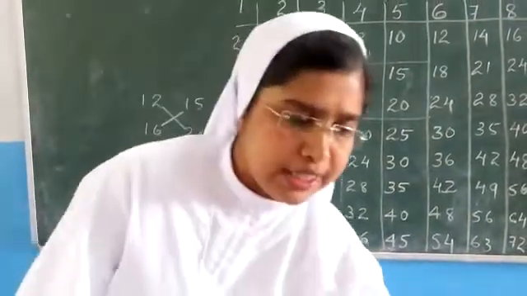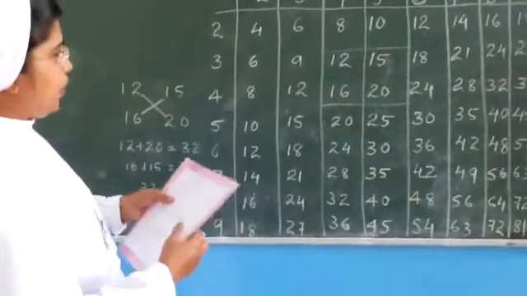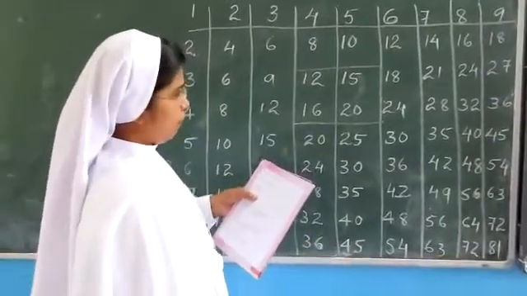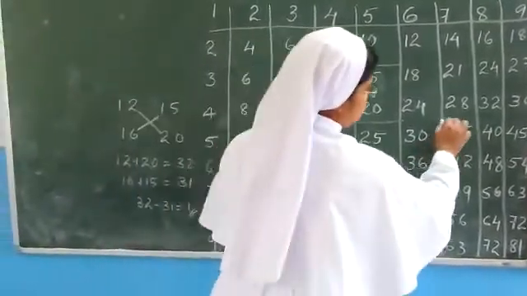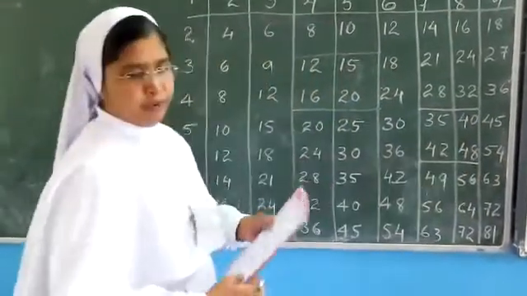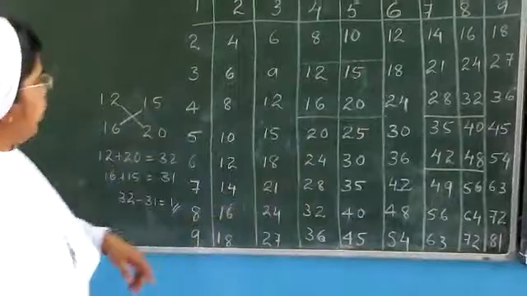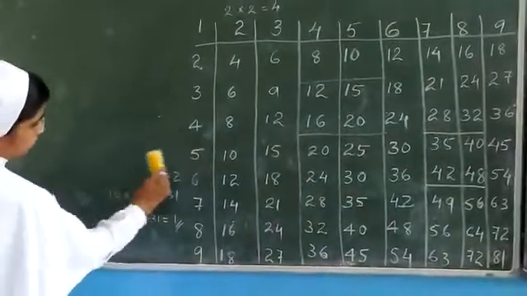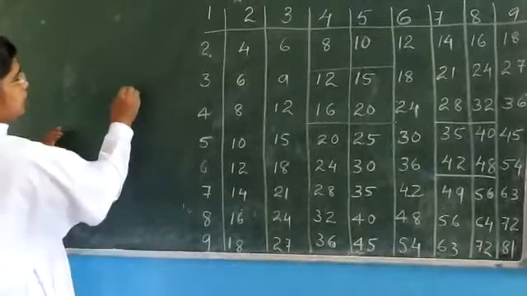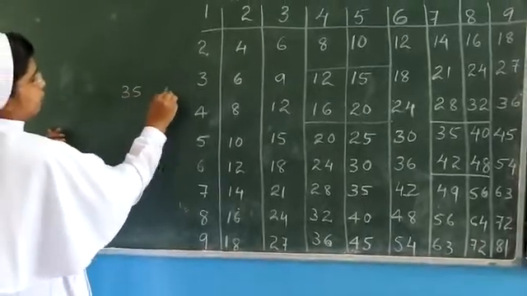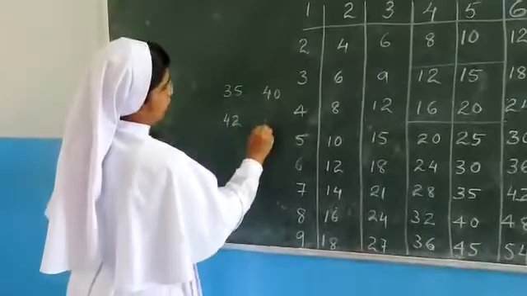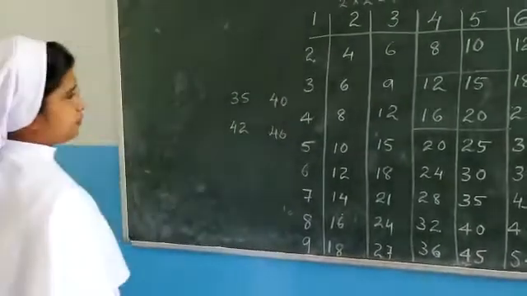Now the next example given here. We have to see one more example. The square of 4 numbers: 35, 40, 42 and 48.